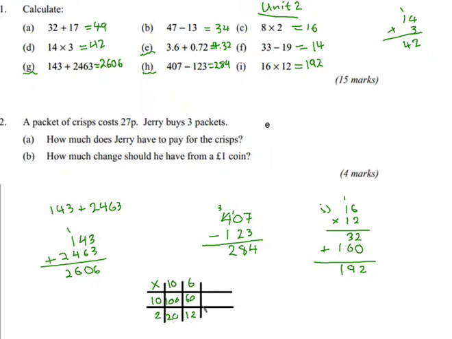And remember, we have to add all the calculations: 100 plus 60 plus 20 plus 12. Nothing plus nothing plus nothing plus 2 is 2. Nothing plus 6 plus 2 plus 1 is 9. And 1 plus nothing is 1. Again, it's 192.